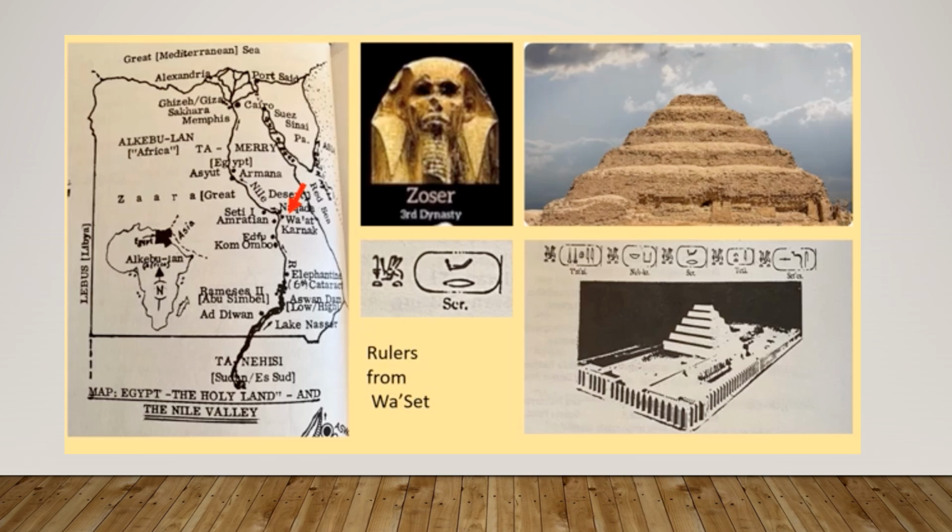The Nesubiti had their major capital at Waset, and those two areas are very closely related. So we have large numbers of temples there. We can also see where Ta-Nehisi is on this map, which is now currently identified as Sudan.